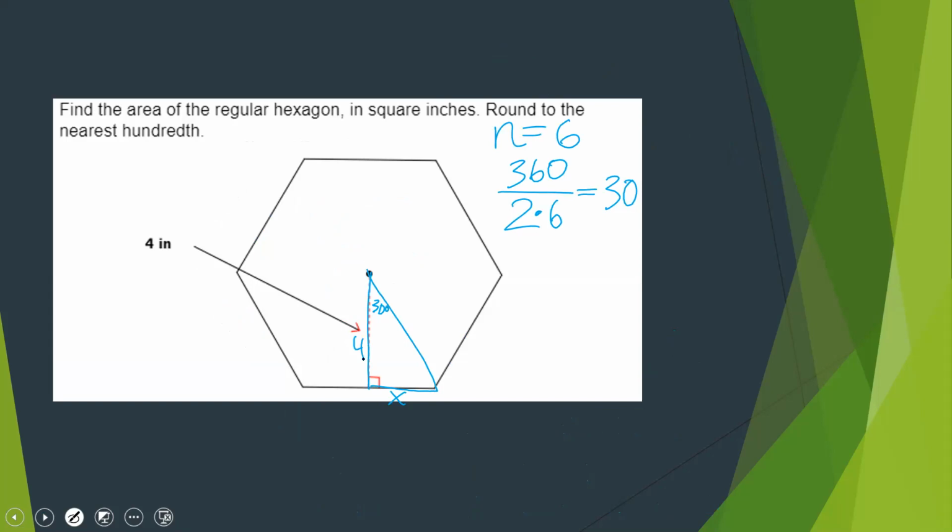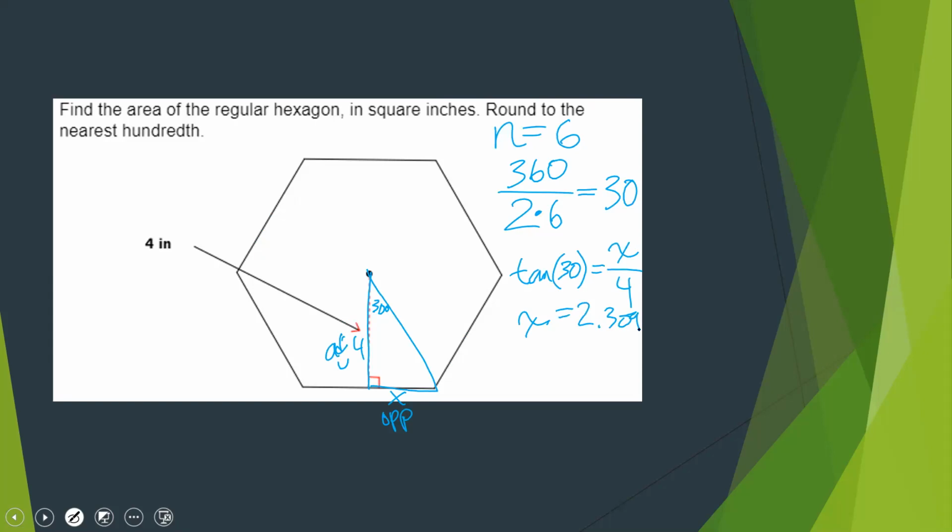So set up the exact same way because we have our opposite and our adjacent sides. The tangent of 30 degrees equals x over 4. Cross multiply, get x is equal to 2.309.